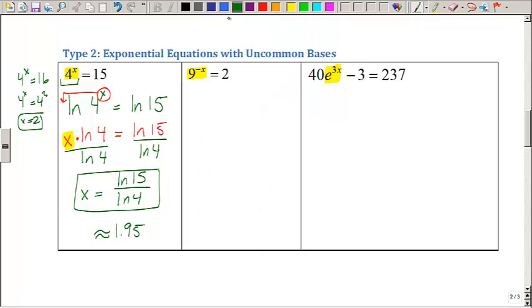Let's look at our next problem. Again, my base with the variable exponent is already isolated. So that's step 1. Step 2 says take the natural log of both sides. So I'm going to take the natural log of the left equals the natural log of the right.